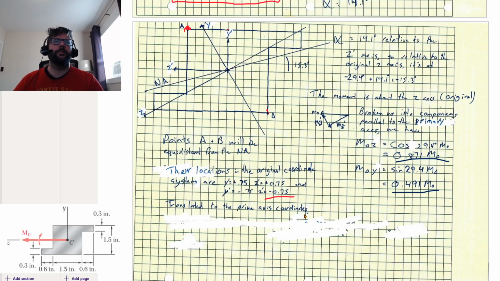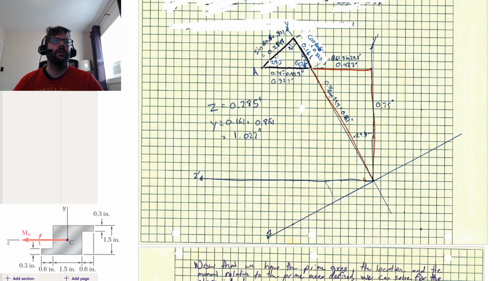So how to translate to our prime axis coordinates? I decided to go with a diagram approach. So essentially just got 0.7 here, we got 0.7 here, got the angles in question, we got our new y-axis, we got our new z-axis.